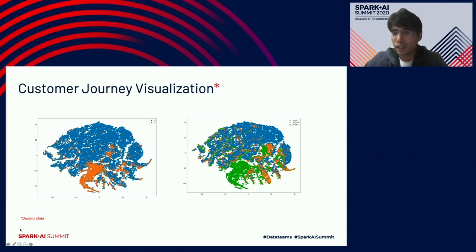Their journeys are very similar to those who have converted. And hence, what can be done from the business side to ensure that they go back and make that decision to buy that vehicle, right? Because they've already covered those steps which are very similar to the people who have converted. So it's a very powerful way to visualize your customer journeys through embeddings.